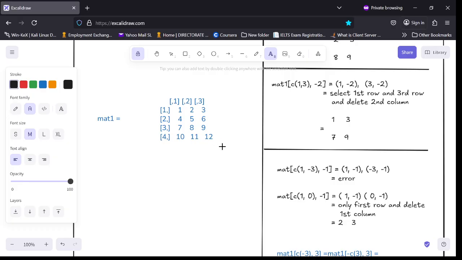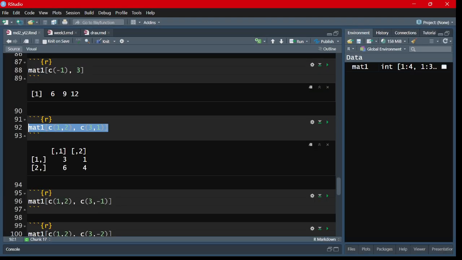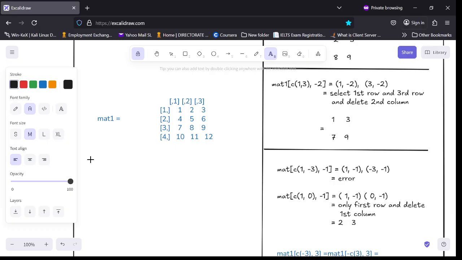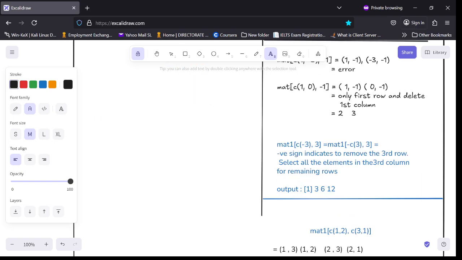Let's look at the output here. We have got 3 and 1 as a row, and 6 and 4 as a row, 3 and 6 as a column, and 1 and 4 as a column. Where is it? Okay, that is the thing.